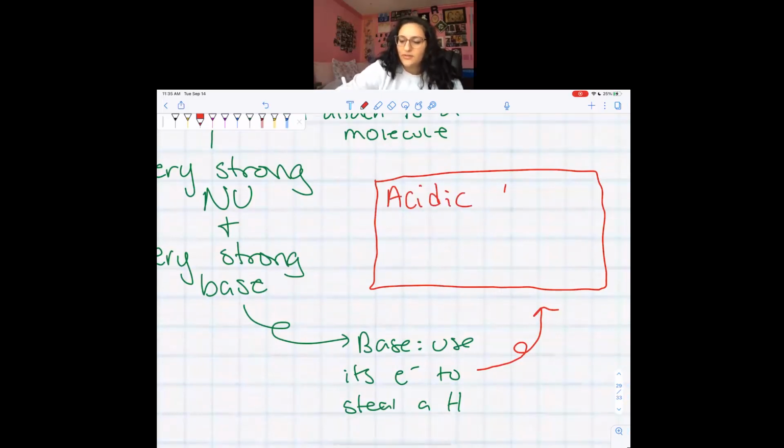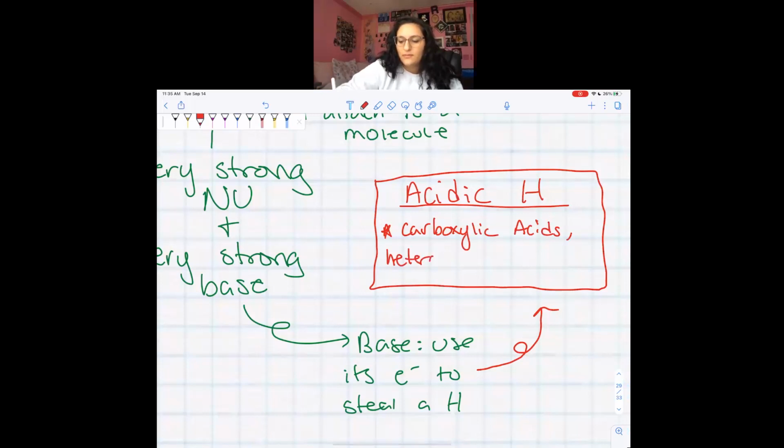in solution. And specifically for Grignards, we have a very specific definition for an acidic hydrogen. So this is going to include carboxylic acids, heteroatoms, and triple bonds.